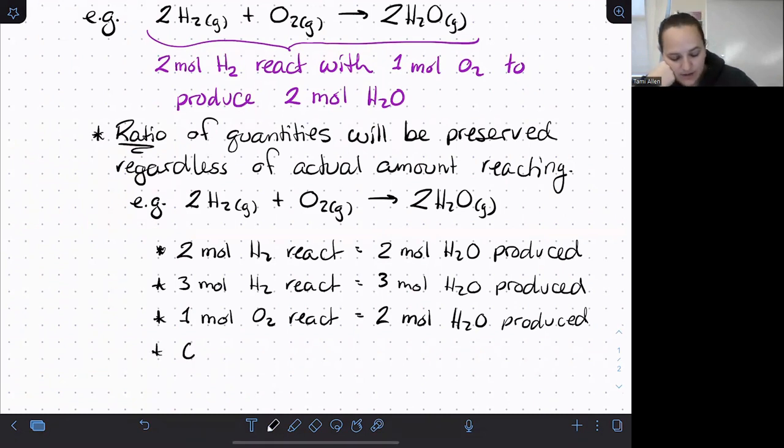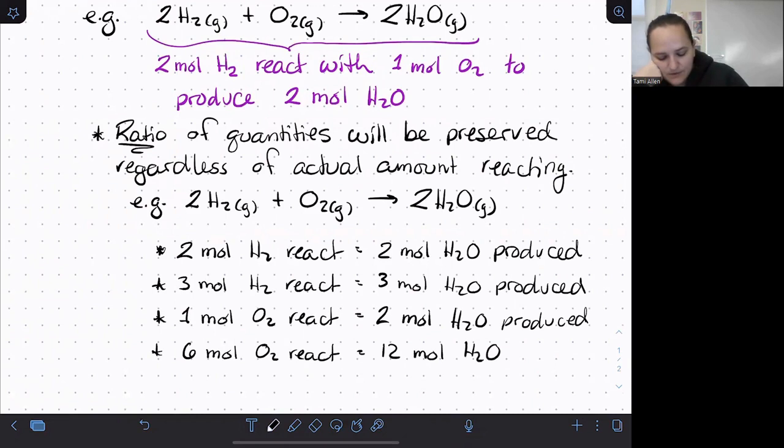So if I started, let's say, with 6 moles, I'm going to get twice as many moles, which would be 12 moles of water produced. So here, the coefficients are pretty simple. I went with simple numbers of moles. It's pretty easy to see this relationship: equal numbers of moles of hydrogen and water, but we get twice as many moles of water as oxygen.